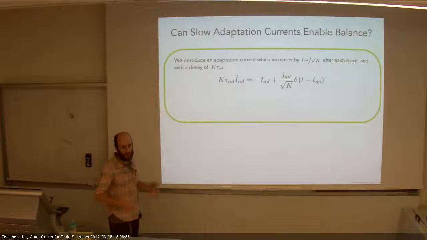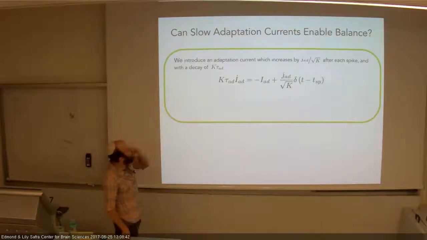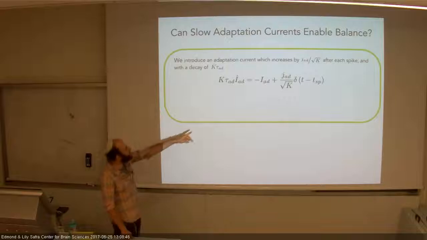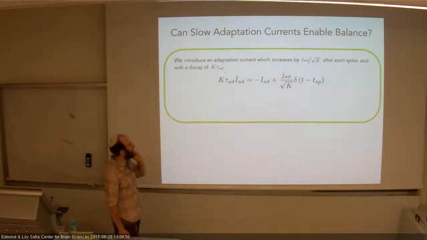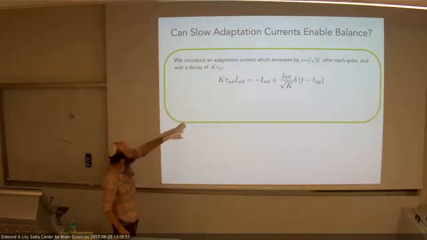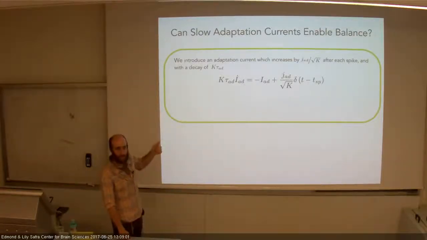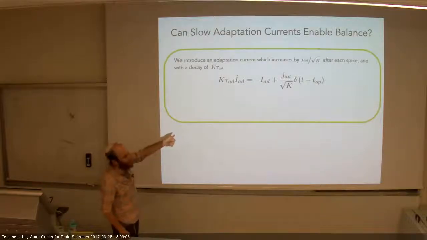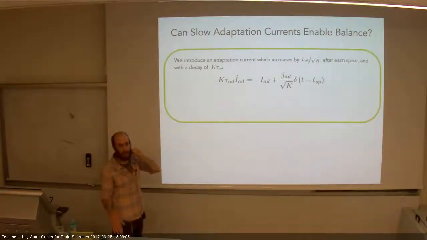So when a cell fires a spike, it has an internally generated negative current, and the amplitude of that current after it spikes is J adaptation divided by square root of K in our scaling. The time scale is given by the left side of this equation. This is a dynamic equation of the adaptation current, and if we solve it, we basically get an exponential decay.